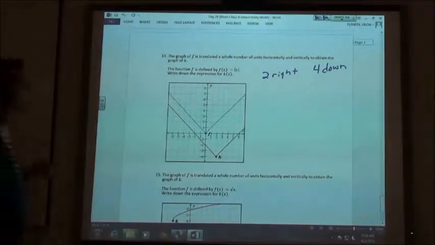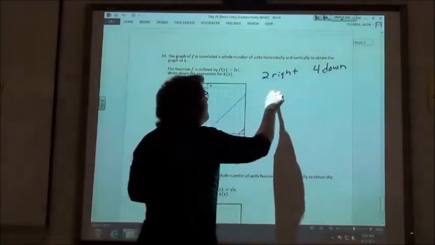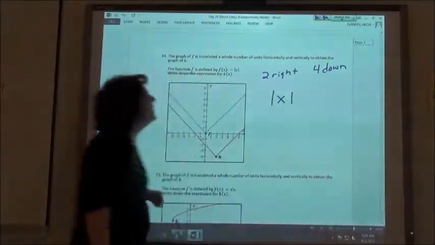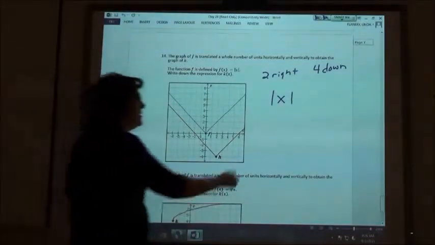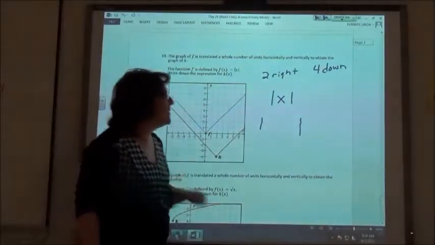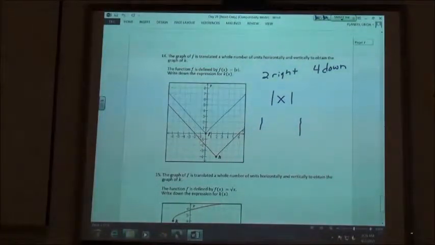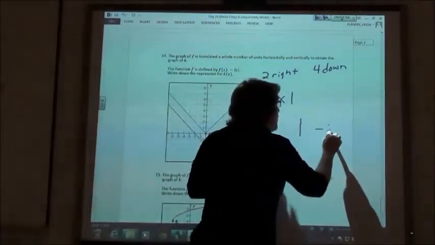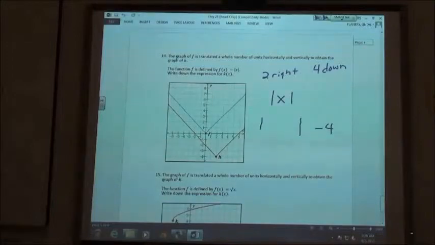So this time we're starting with the absolute value of x, right? I want to rewrite that to move it 2 to the right and 4 down, which means the part in the absolute value is going to be bigger because we have to put something in with the x, and then we're going to put something on the end. Which part do you want to do first? Should we do negative 4? We know it's going to go 4 down. There's going to be a minus 4 outside of that, right? What should be on the inside of that?